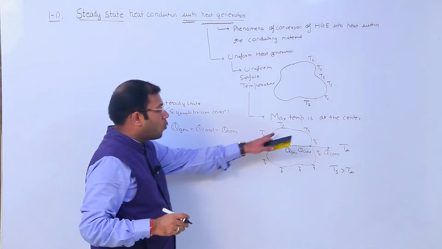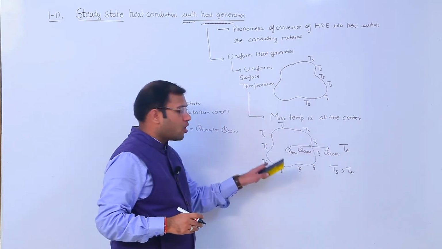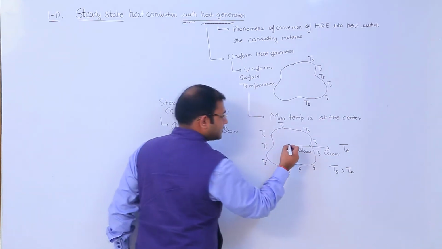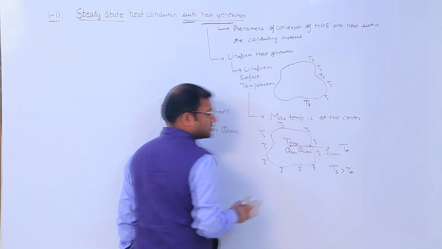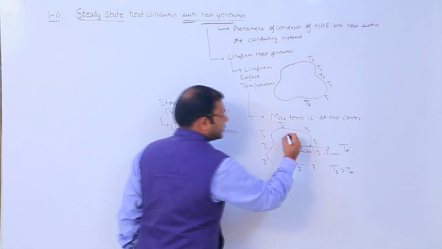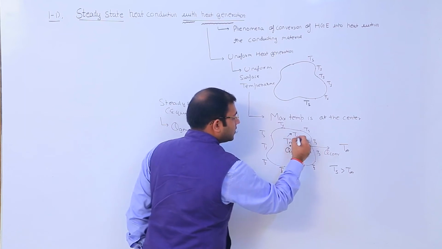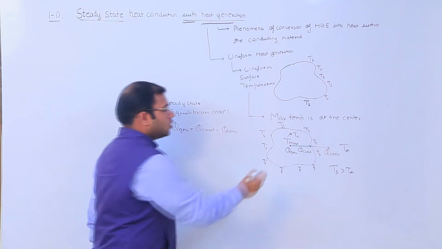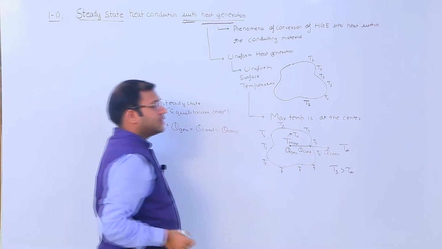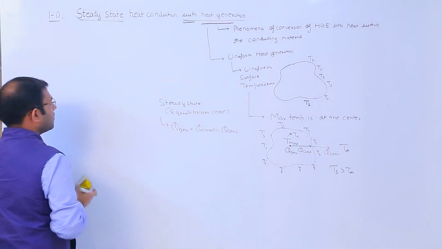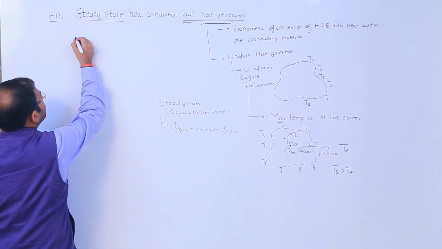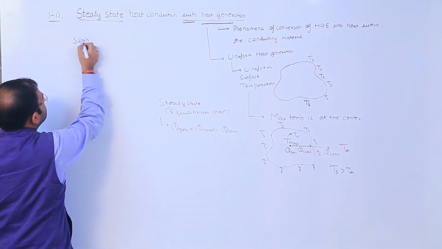And moreover, when the temperature is uniform at the surface, what we can say is that here the temperature will be T maximum, and it is generally denoted by T naught. So here the maximum temperature is always at the center. Fine. Now, consider the case of slab.